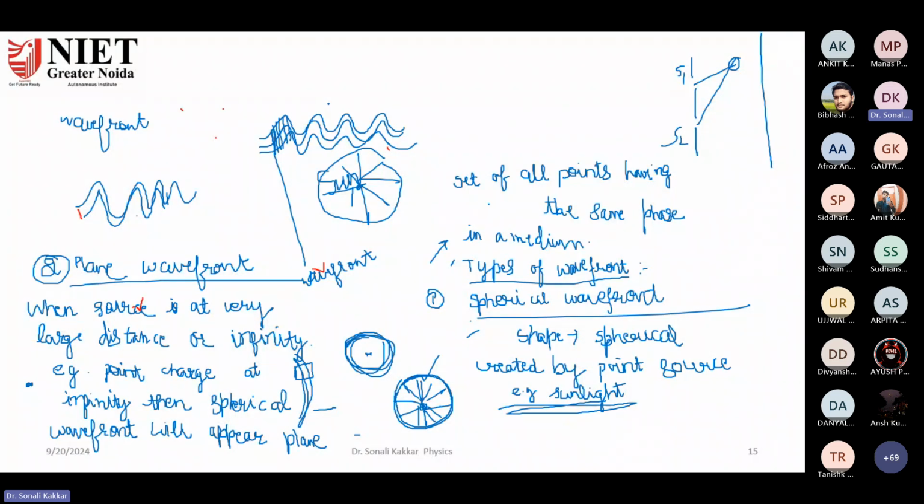Write this down. So if the rays are coming from infinity, the wavefront is plane wavefront, like this.